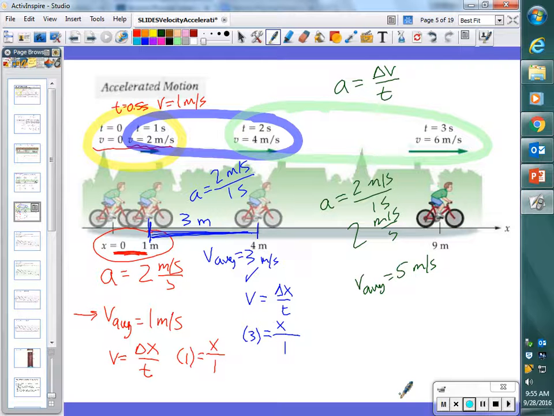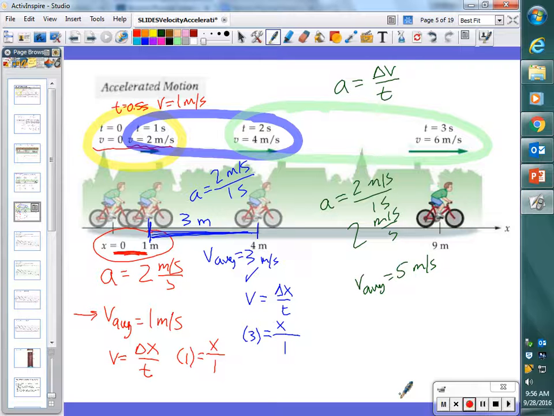Added 6 and 4 and divided by 2. Okay, so that's the average. It gradually sped up from 4 to 6, and 5 being right in the middle, that's going to be the average. Half the time it's below 5, half the time it's above 5, that makes the average 5. You okay with that?